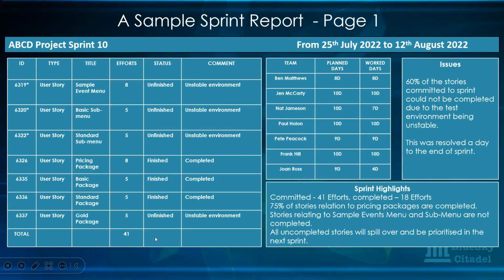So this is a highlight of all the information that has been provided. And then it says all uncompleted stories will spill over and be prioritized in the next sprint. So that's just a highlight being given to the audience about what happened during that sprint, and then the mitigating action that has been put in place for the issues that they had during that sprint. They've put it there also.